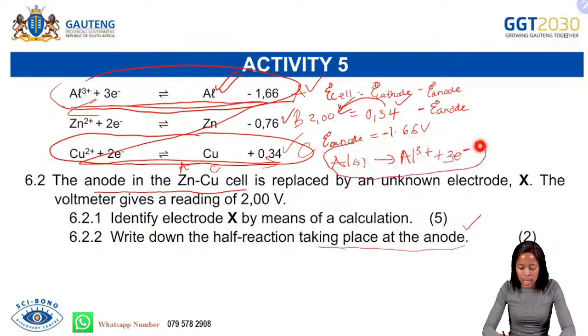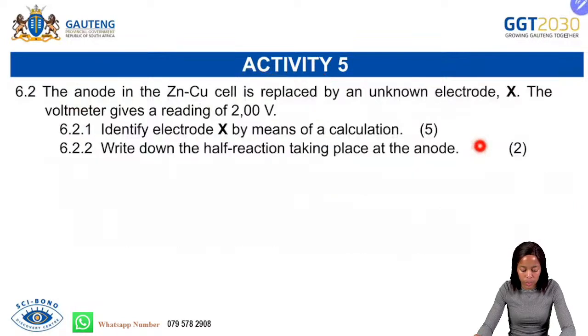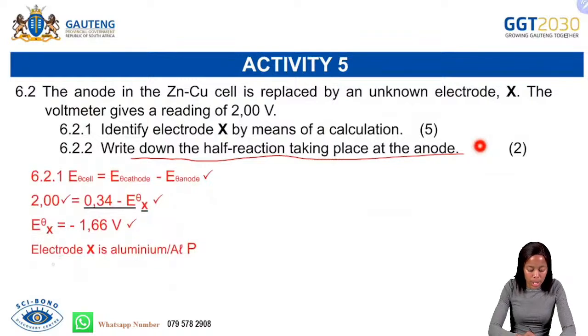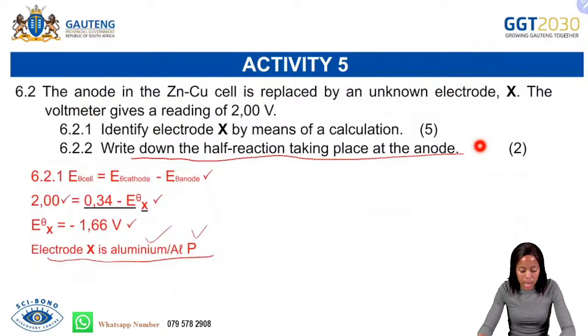Because we said the aluminium will therefore be our new anode. So 6.2.2, we did this one right down there. The half reaction that is taking place. So we've answered this one, and then we said that electrode X is aluminium, or Al there.